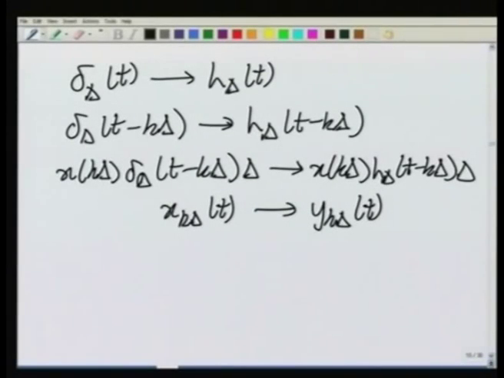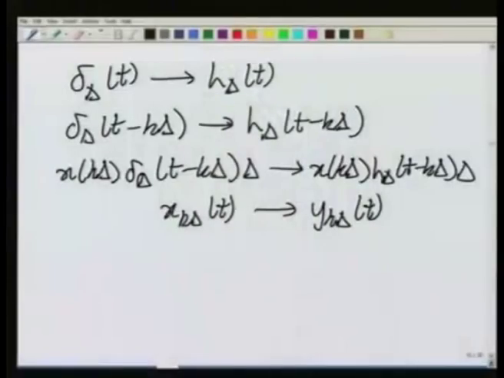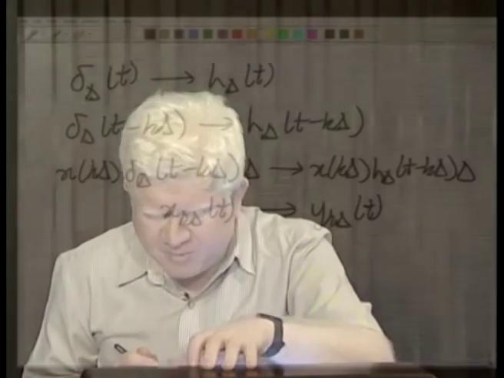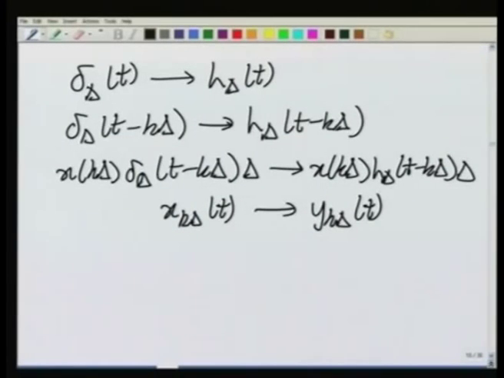We have next used homogeneity to say that if you applied x(kΔ) δ_Δ(t - kΔ) times Δ, we have used scaling twice here, because we are scaling by x(kΔ) as well as by Δ. Then the corresponding output by the homogeneity property of a linear time invariant system must be x(kΔ) h_Δ(t - kΔ) times Δ.